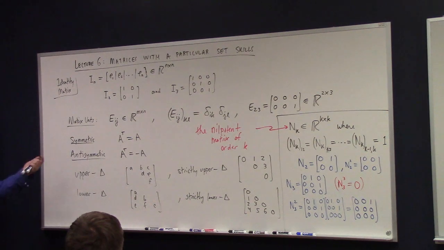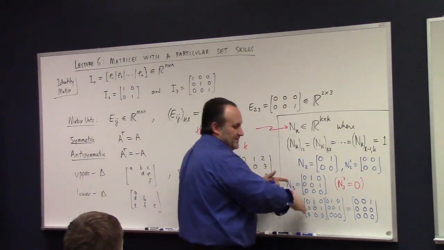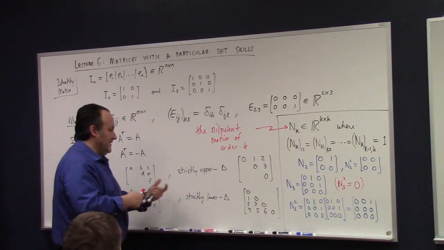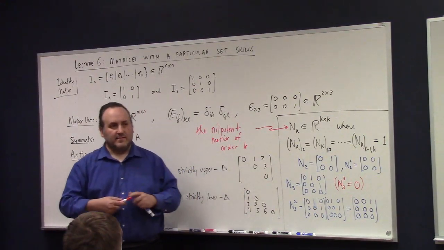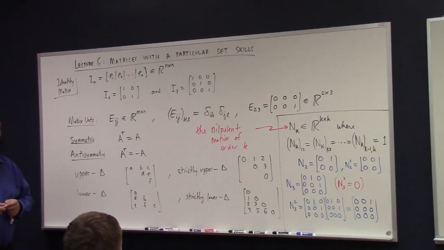I say this is the nilpotent matrix because it's the standard one: just put ones in the superdiagonal. If you cube a strictly upper triangular matrix, it's also going to work out to 0. So strictly upper or strictly lower triangular matrices are also nilpotent, I think. You can check me on that, but anyway.